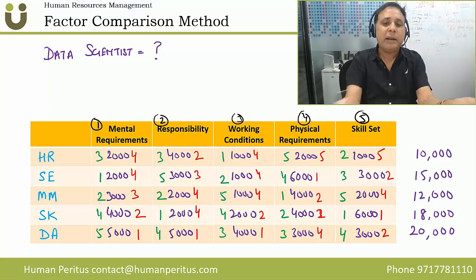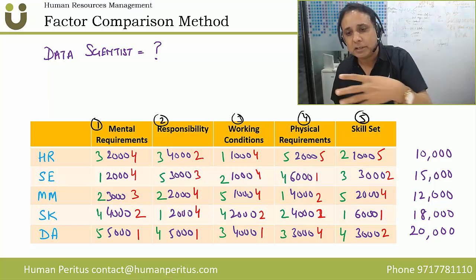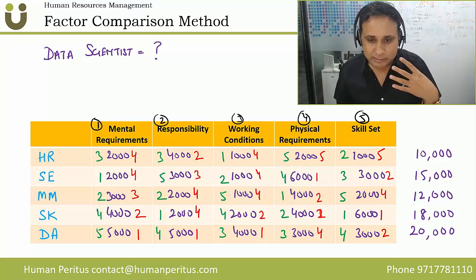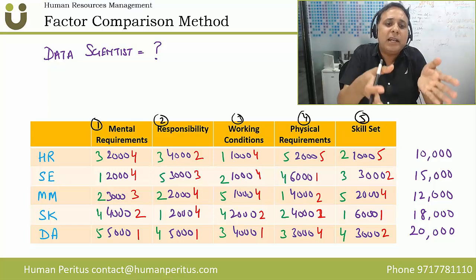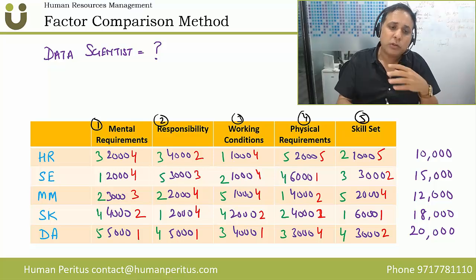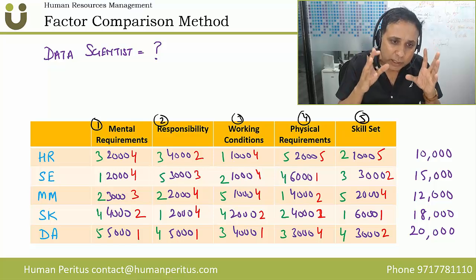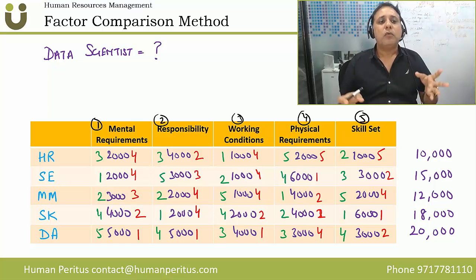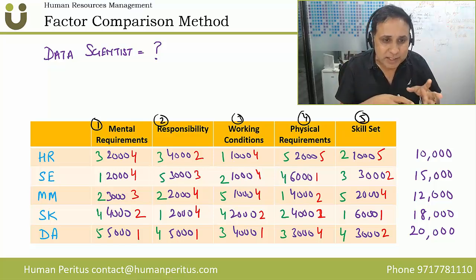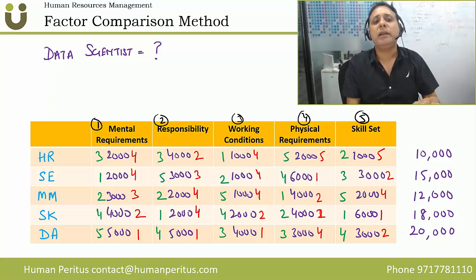Because I have taken random data, you can see that not a single thing is in sync, but ideally this should be the same. Otherwise you work on that, do analysis, and try to find out for HR what the rank is and how much money we should be allocating for mental requirement.